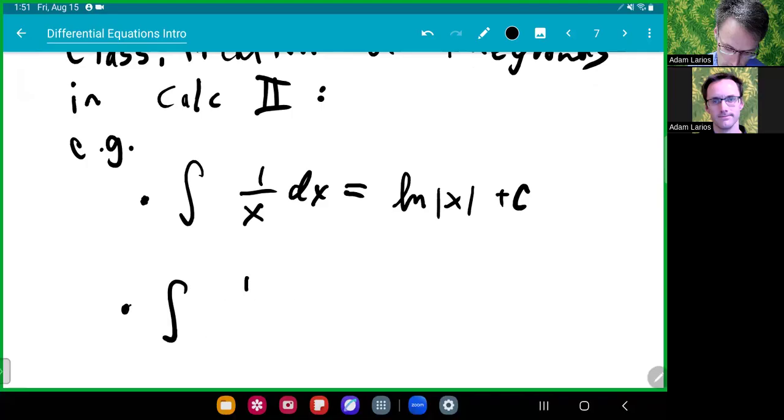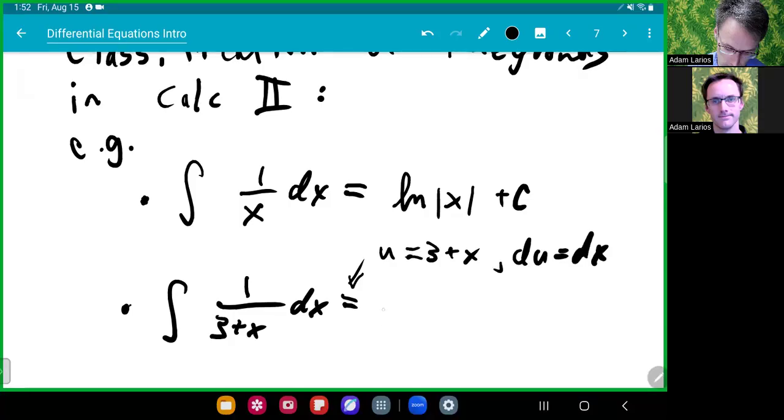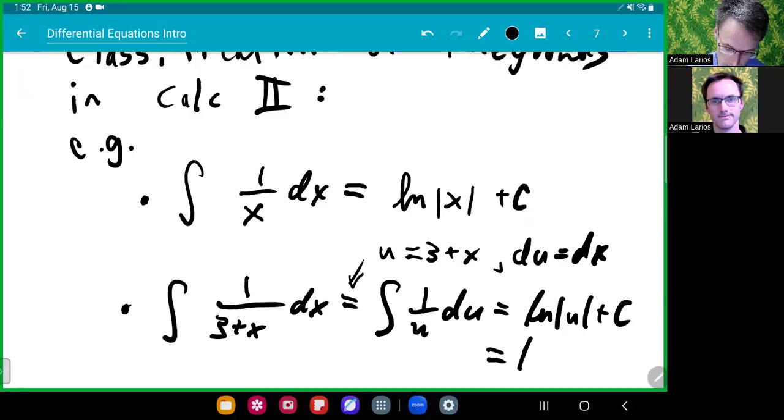Next, though, if we change this to something like 1 over 3 plus x dx, then I think you can see by a u substitution, we would do something like u equals 3 plus x, and then du would be dx, and we could write this as the integral of 1 over u du, and get that that thing is natural log of absolute value of u plus c, and that therefore would be natural log of 3 plus x plus c, something like that, right?